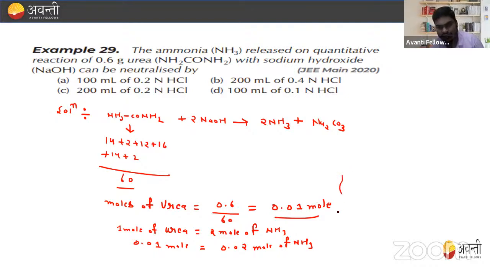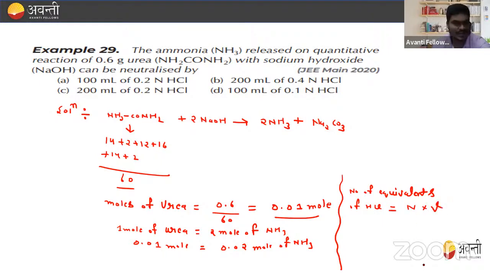So I can write here: number of equivalents of HCl is equal to normality into volume.